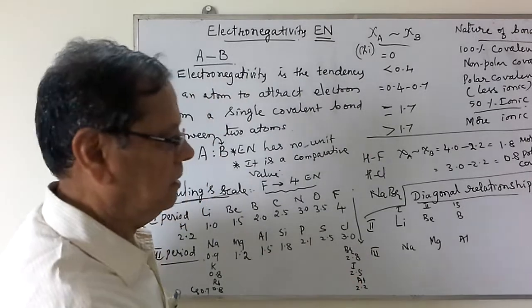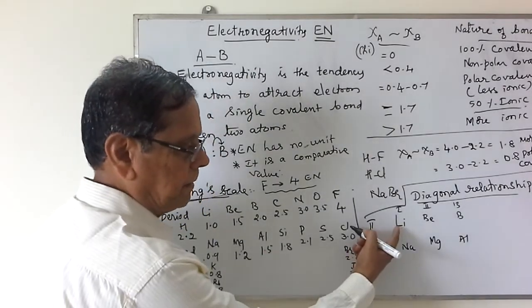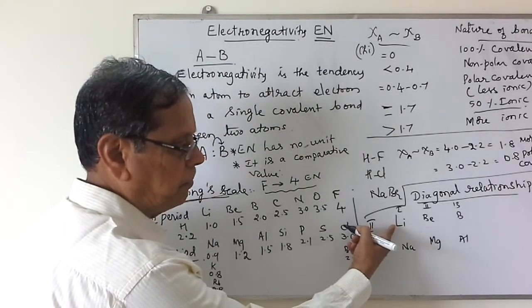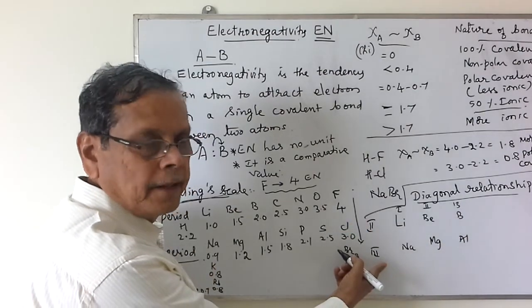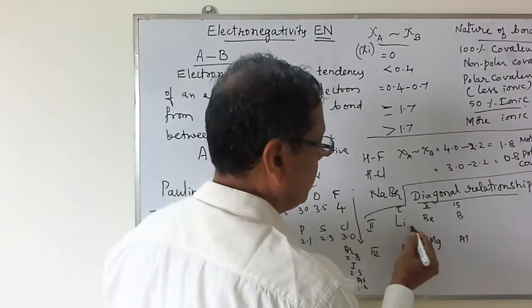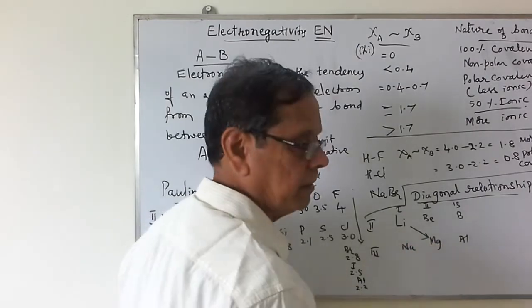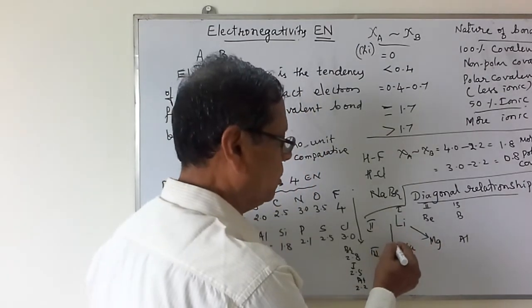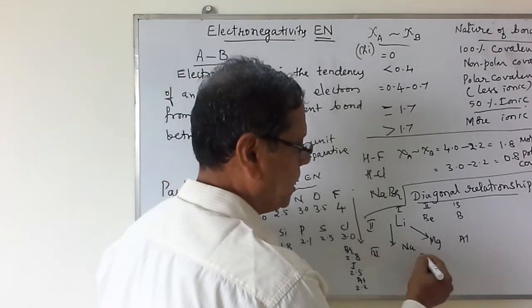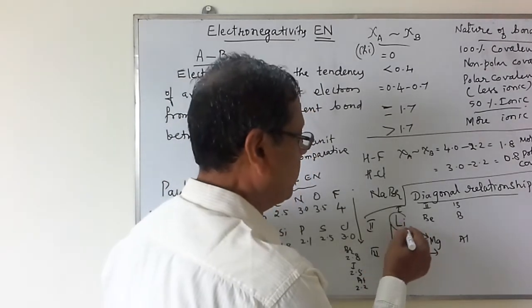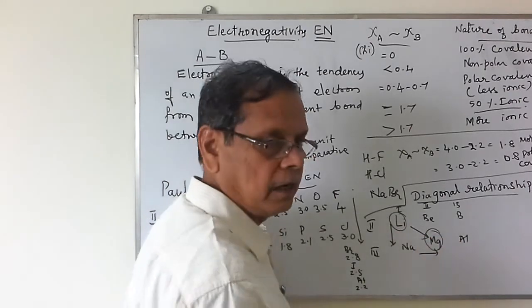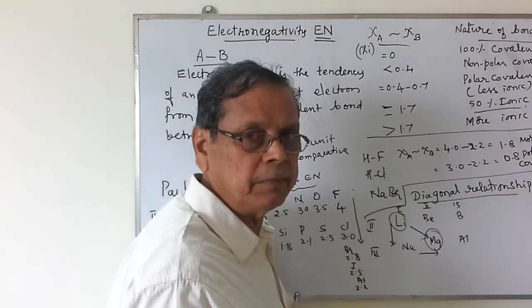When we consider an element in a particular group in the second period and the next group in the third period, lithium and magnesium have almost similar properties, because as we move down the atomic radius increases, while as we move across the atomic radius decreases. So lithium and magnesium have similar chemical properties.